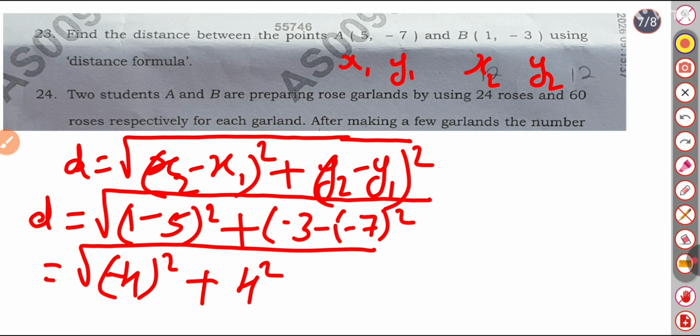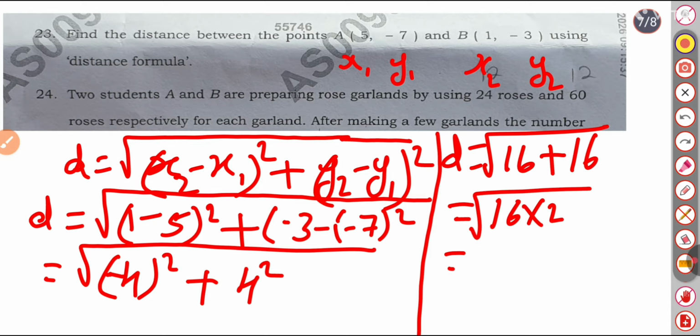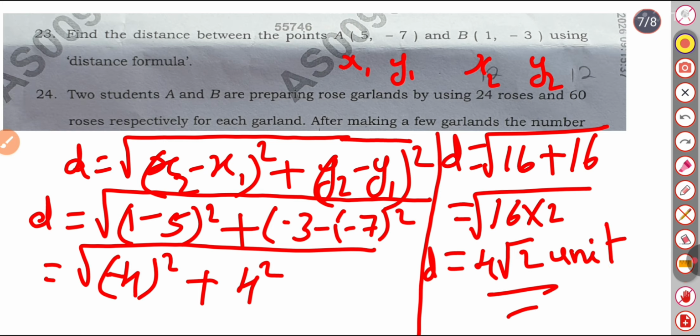So d is the root of 16 plus 16, which is 32, that is 16 into 2. Taking 16 outside, d is 4 root 2 units.